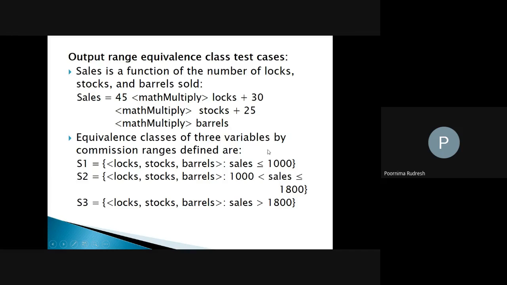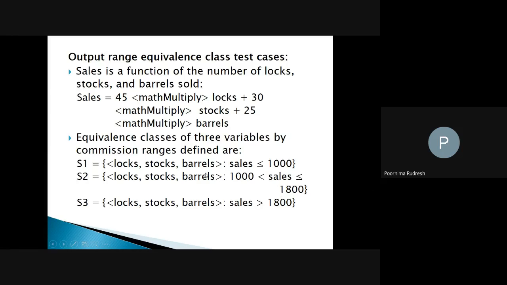After that, we have to check whether the total sales is less than or equal to $1,000. If it is less, then 10% of the commission is distributed. If the sales is greater than 1,000 and less than 1,800, then 15% of the commission is distributed to the salesperson. And if the sales is greater than 1,800, then 20% of the commission will be distributed.